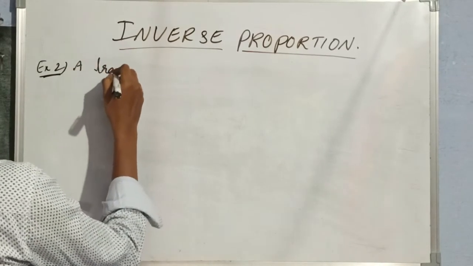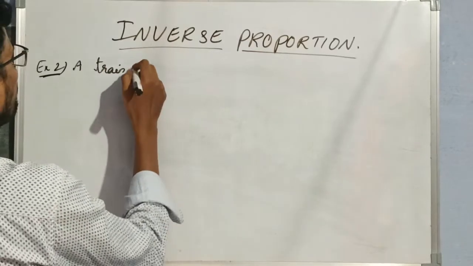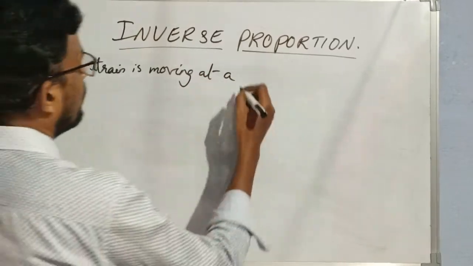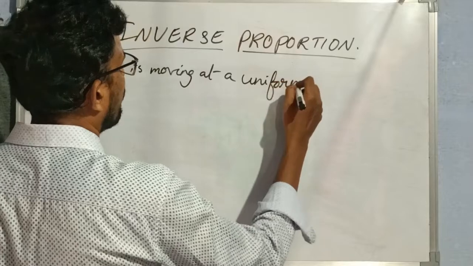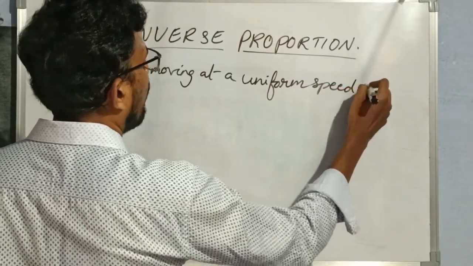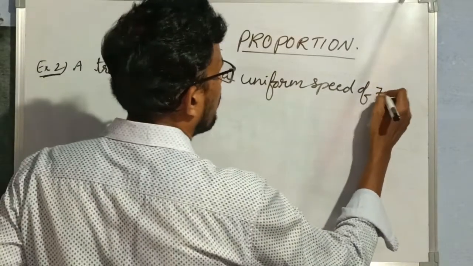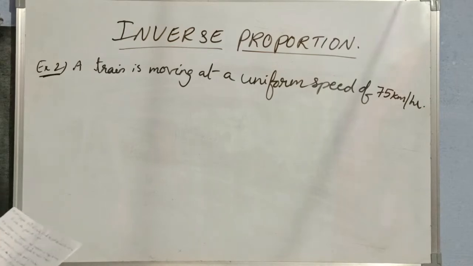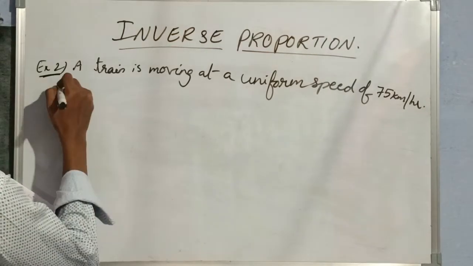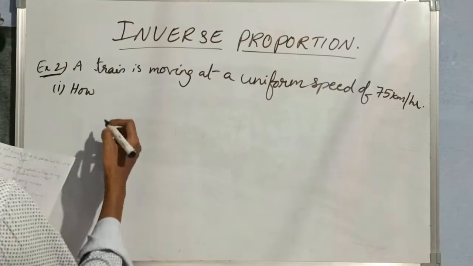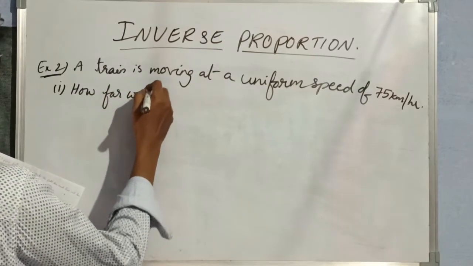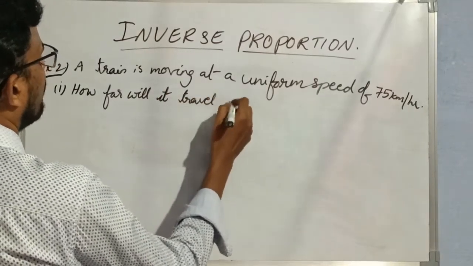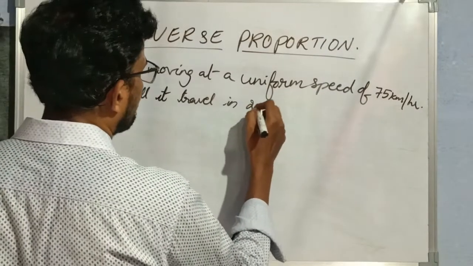A train is moving at a uniform speed of 75 kilometers per hour. Okay, a train is moving at a uniform speed of 75 kilometers per hour. So first point, how far will it travel in 20 minutes?